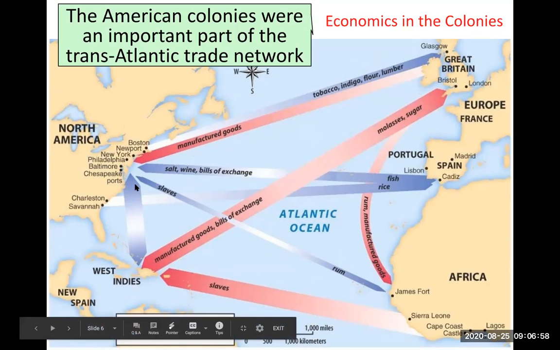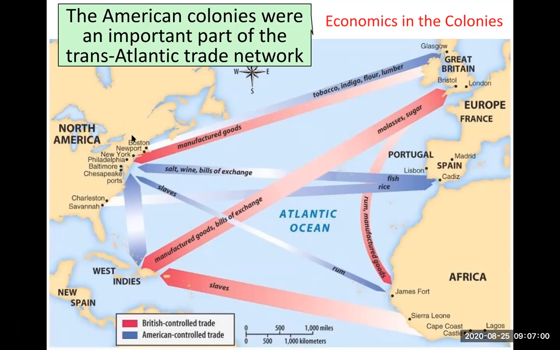So the colonies are offering raw materials. This is where you get your tobacco, your indigo, your flour, your lumber, whatever. The thing is, in the colonies, they don't have the industry to turn those raw materials into manufactured goods. So they harvest these raw materials, put them on a ship, and send them to Great Britain.